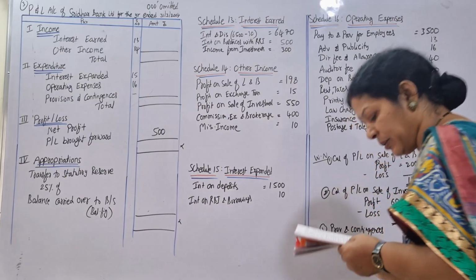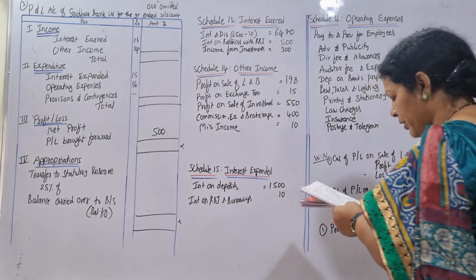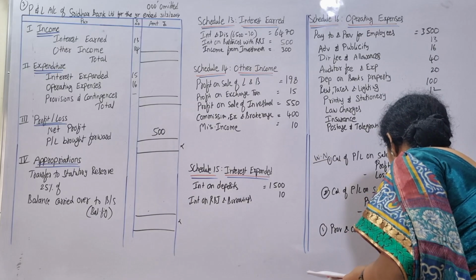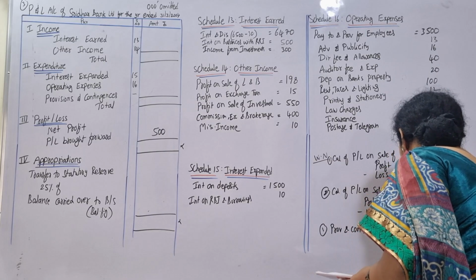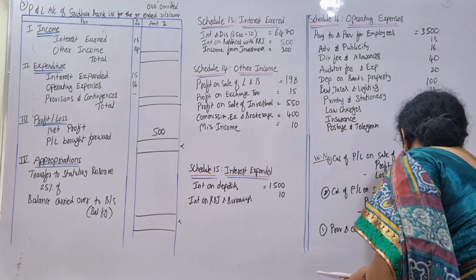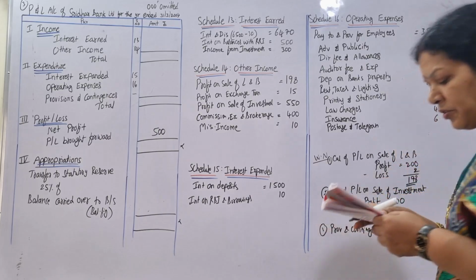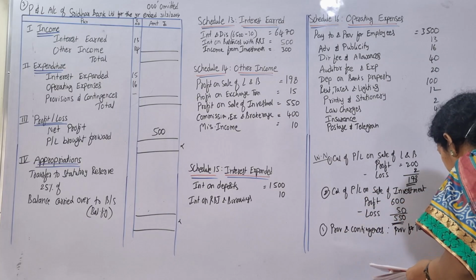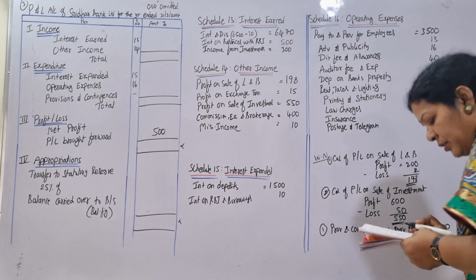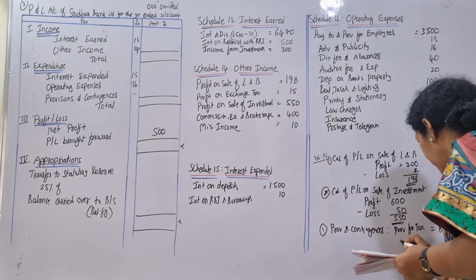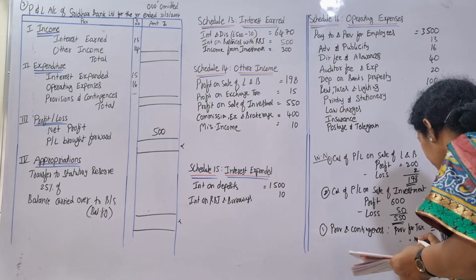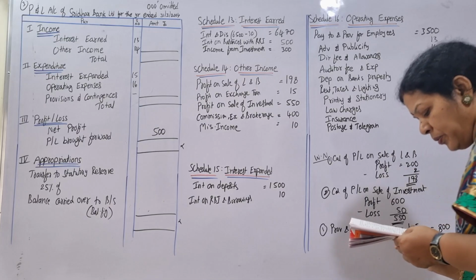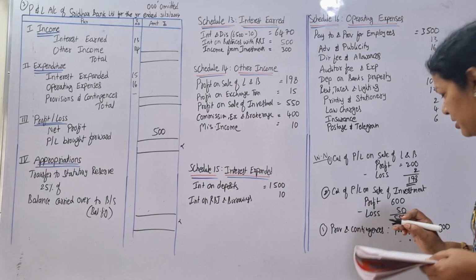Here we have 2 items. One is provision for taxation, 8 lakh, which means last 3 zeros omitted. It is 800. In the same way, provision for doubtful debts, 70,000 means only 70.